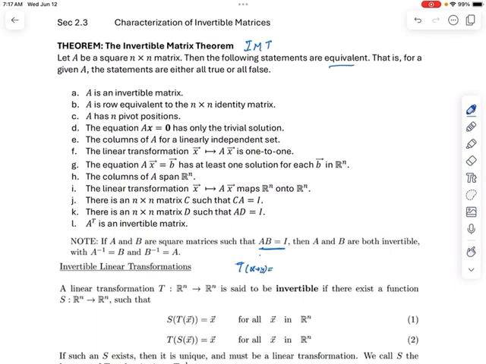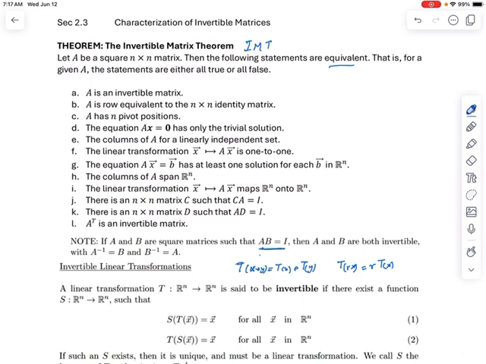The second one is T of rx is equal to r times T of x. Not every transform satisfies these two conditions, but the ones that do are called linear transformations.